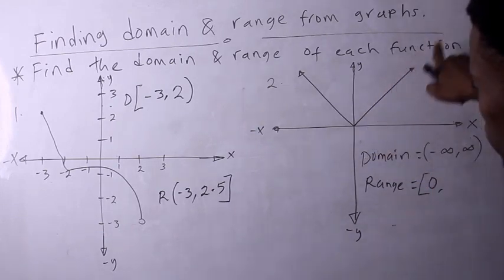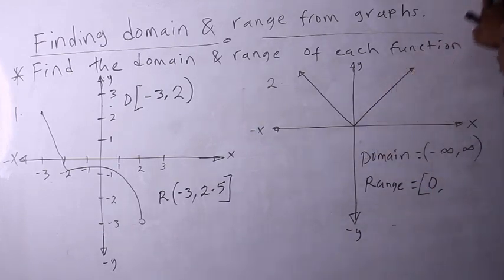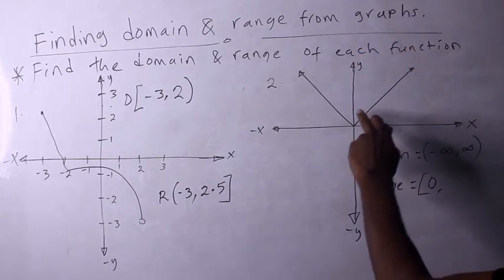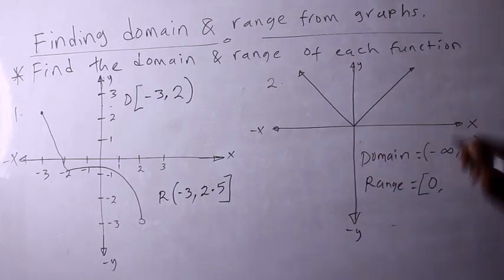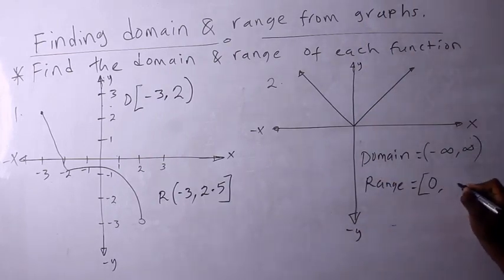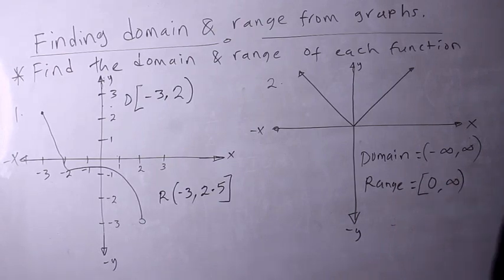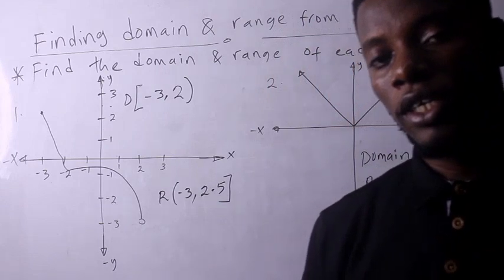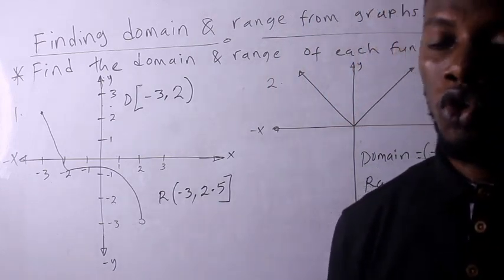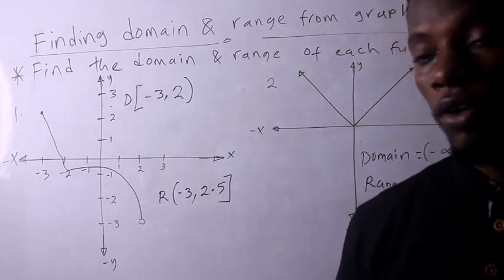It goes to infinity. As this graph continues to go like this, it will have corresponding y values. So the range is [0, infinity). Ladies and gentlemen, this is how we find domain and range from graphs.